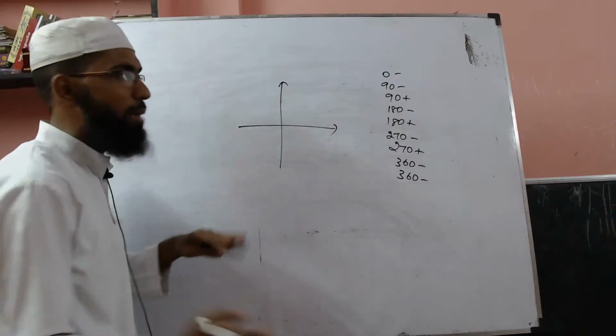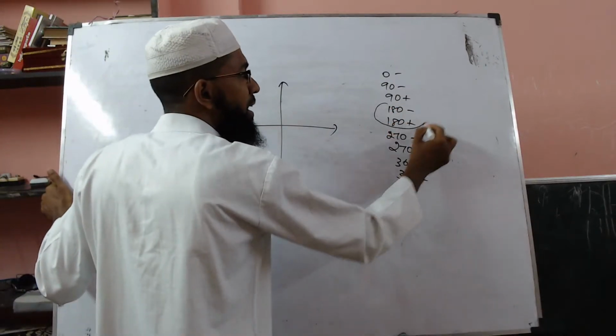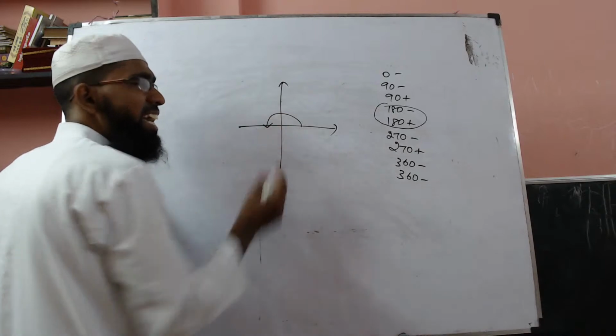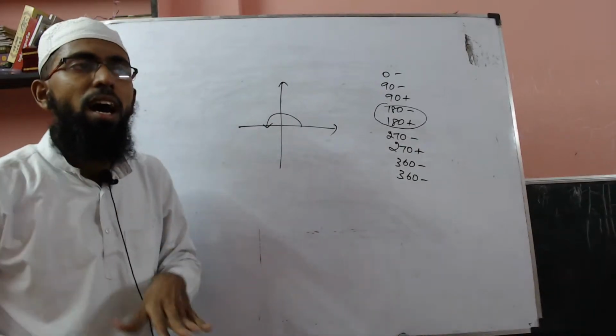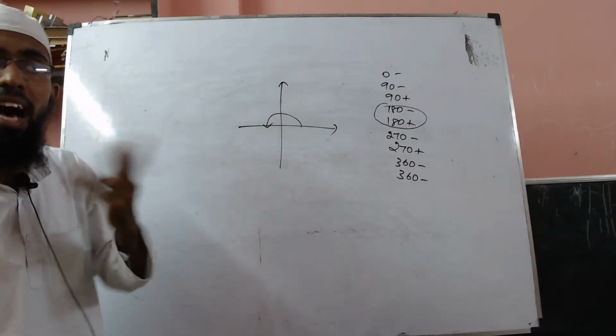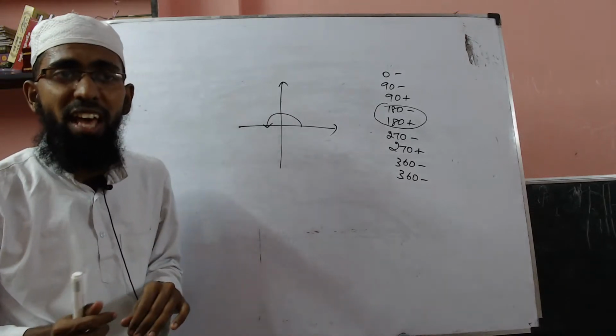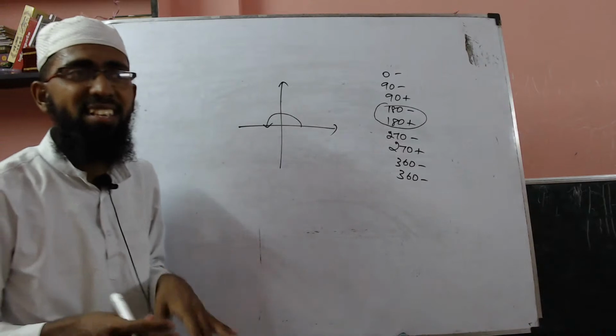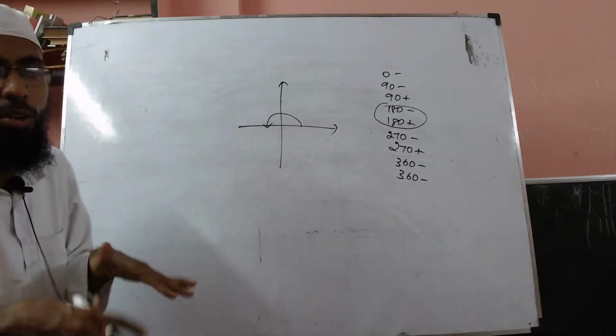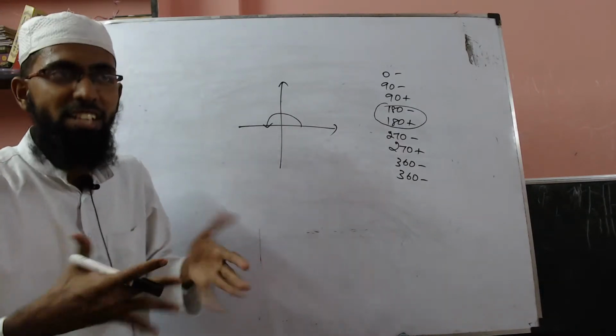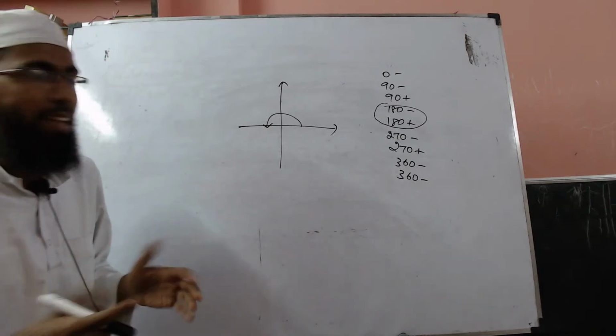So that is also stable. And 180 minus, 180 plus. 180 means half, right? In chemistry, you would have studied that completely filled and half filled we call a stable configuration, and partially filled we call an unstable configuration. Unstable means what? It will change its character, right?